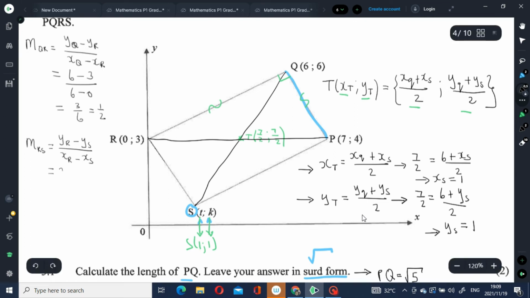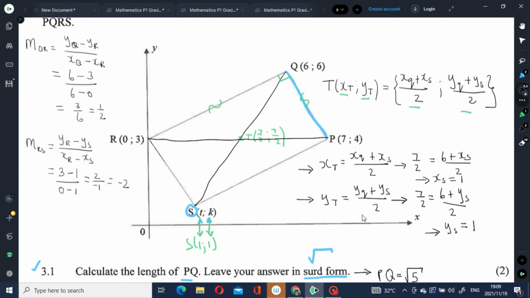So let's do that. 3 minus 1 divided by 0 minus 1. This is 2 divided by -1, which is equal to -2. Oh, so there we have it. The product of those two gradients is -1, because -2 times a half is -1.